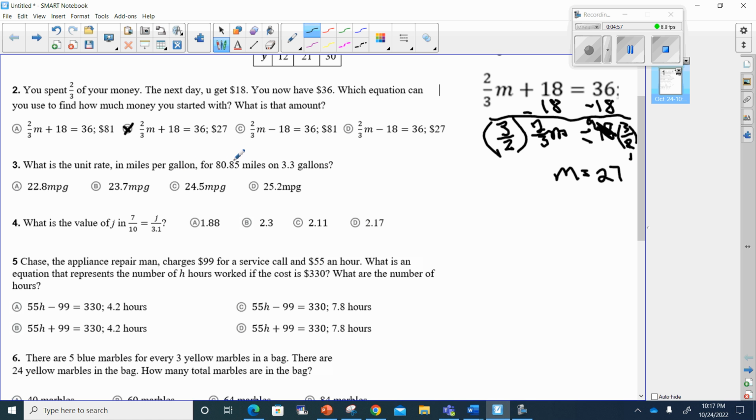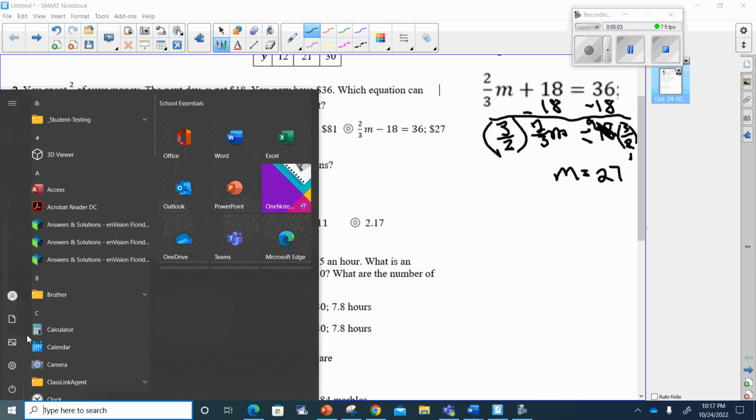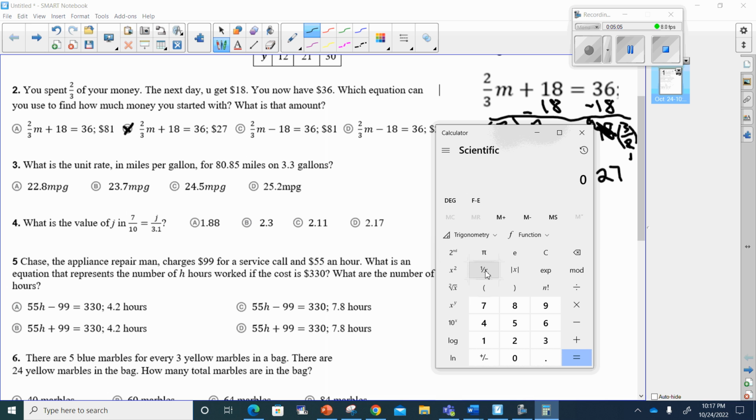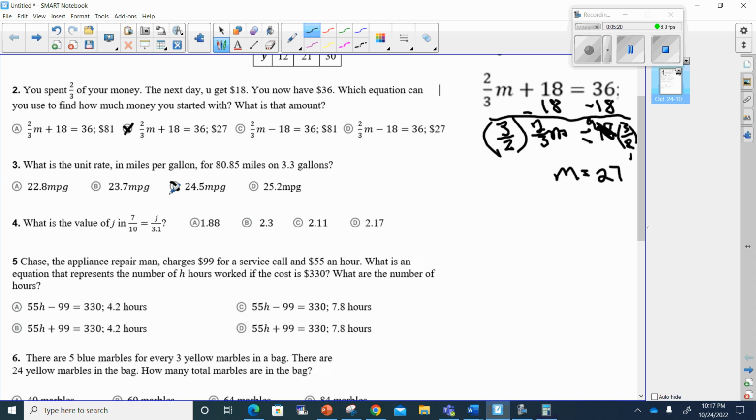So we have to take 80.85 and divide it by 3.3. When I do that, let's see, 80.85 divided by 3.3, it's going to leave us 24.5. And 24.5 is C. All right, so 3 is C.